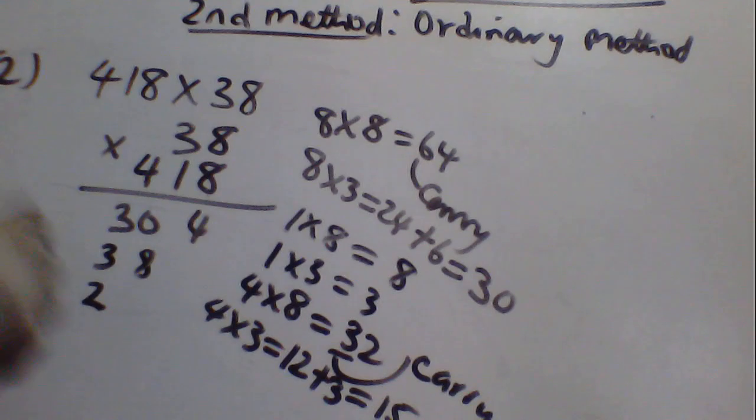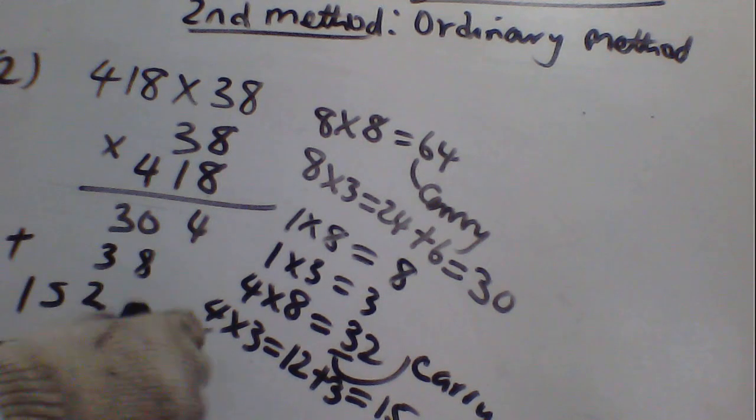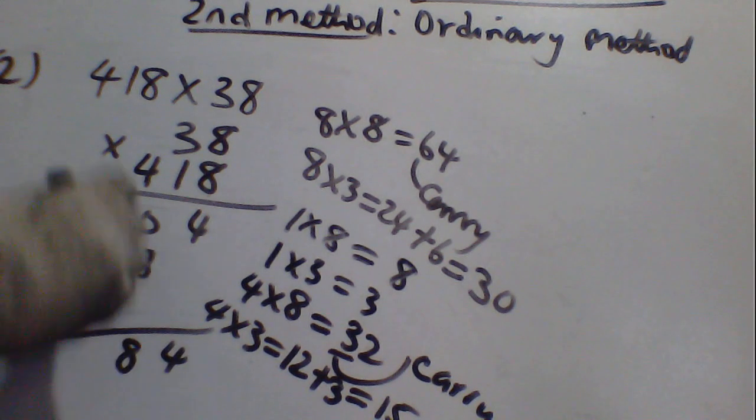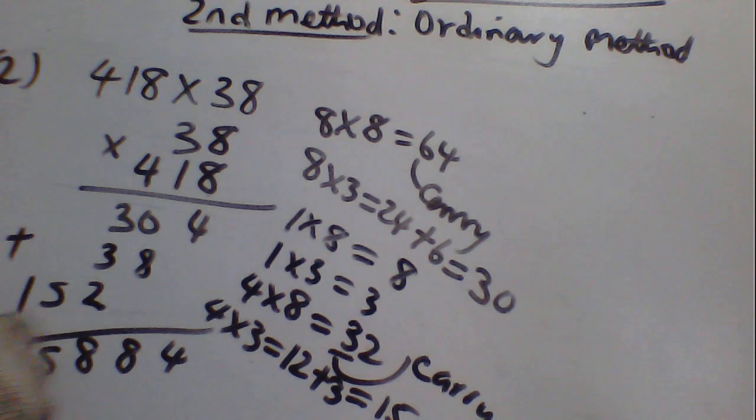So I write 15 and then sum up. 4, 0 plus 8 is 8, 3 plus 3 is 6 plus 2 is 8, write 5, carry 1, write 1.